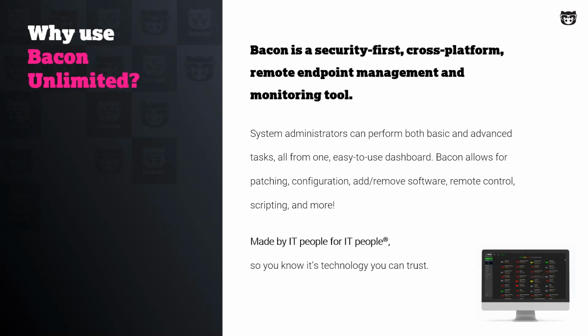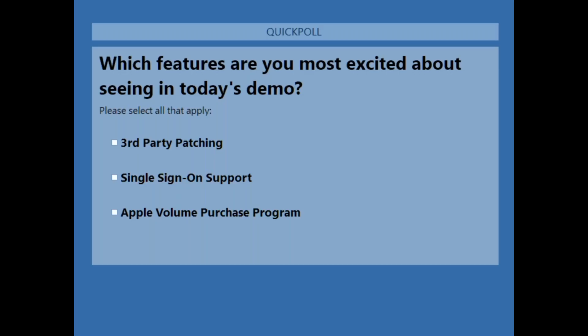So that's great. Why don't we run the second poll as well here? Which features are you most excited about seeing in today's demo? So I mentioned that we're definitely going to cover third-party patching, but we want to know how much you care about these other two things, and Dave can go into some depth on them if they matter. Apple Volume Purchase Program is something that we added significant capability to.